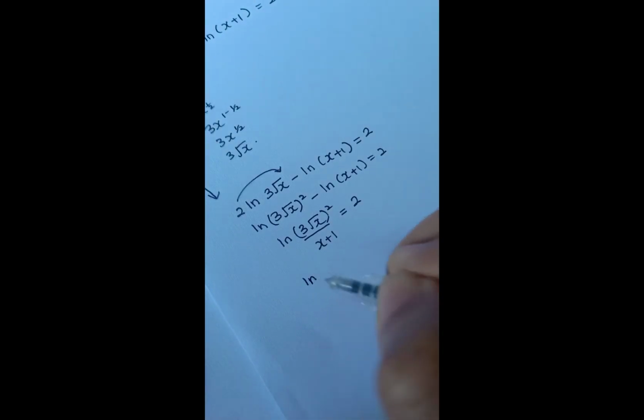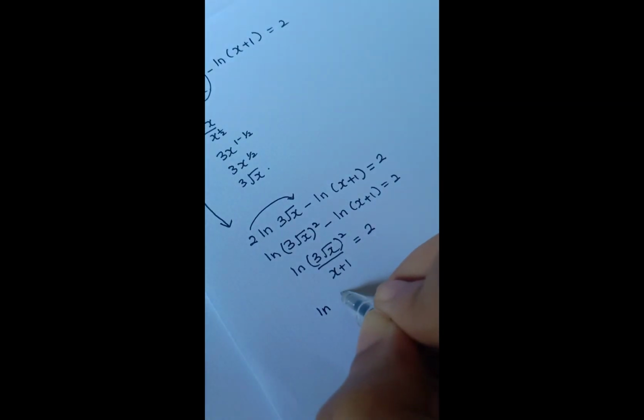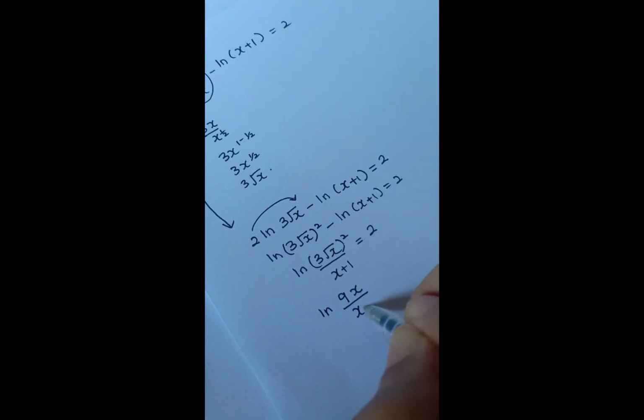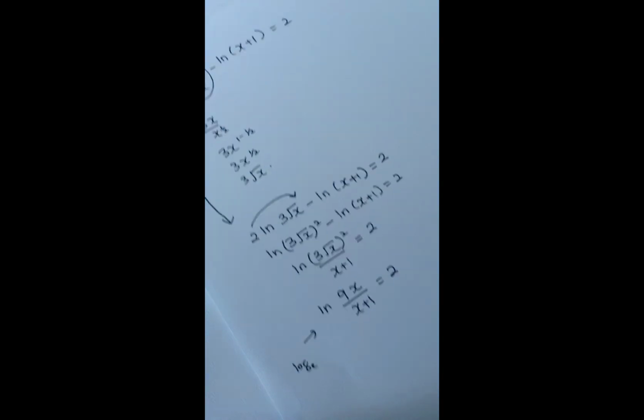3 power of 2 is equal to 9. So 9x over x plus 1 is equal to 2. So ln is actually log e.